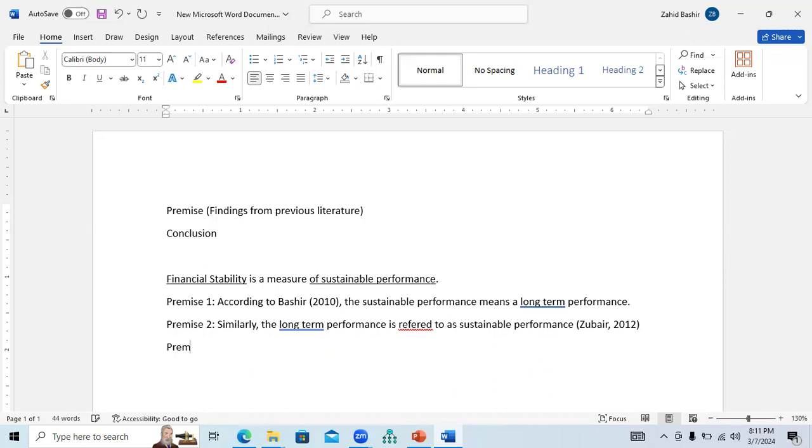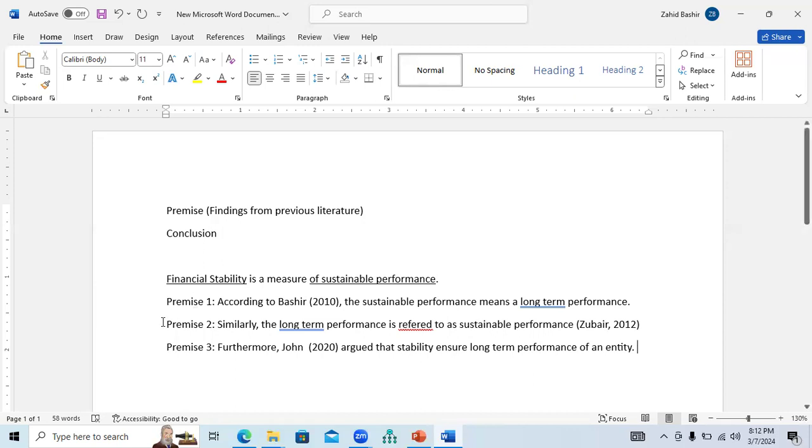Similarly, I may have another premise from another study. Furthermore, John 2020 argued that stability ensures long-term performance of an entity.